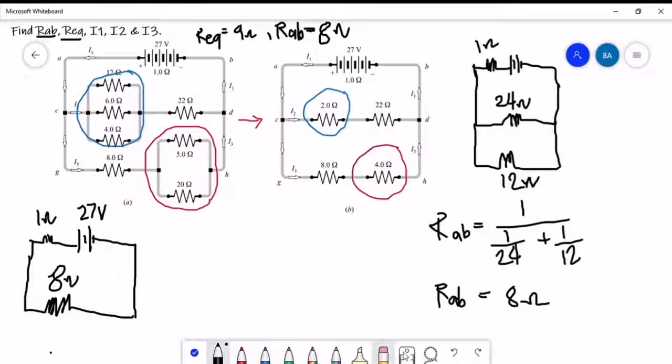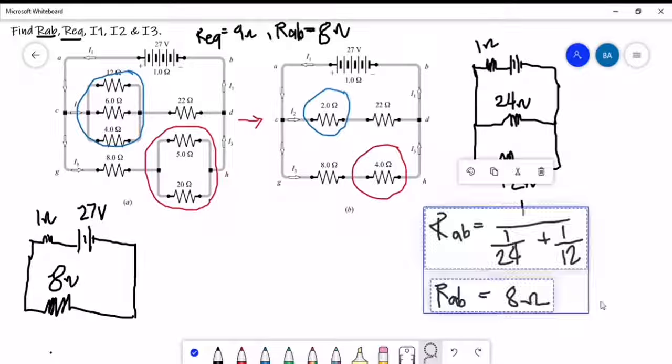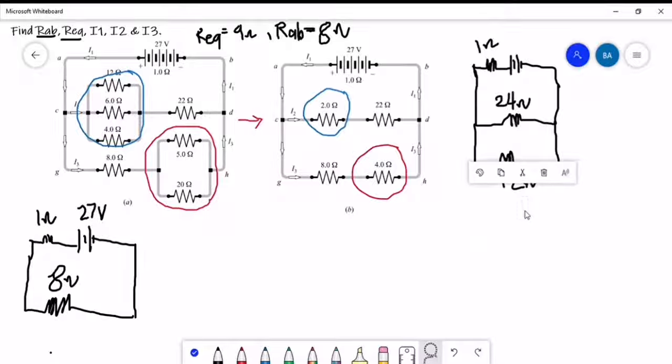Let me erase this one. If you're going to find the total current, or the I equivalent, for this kind of circuit, we will be using R equivalent.